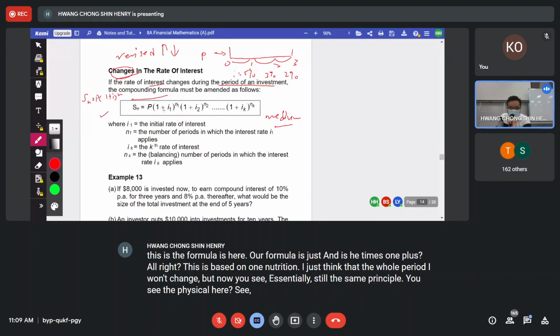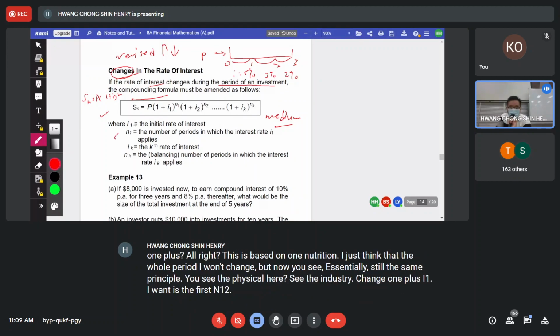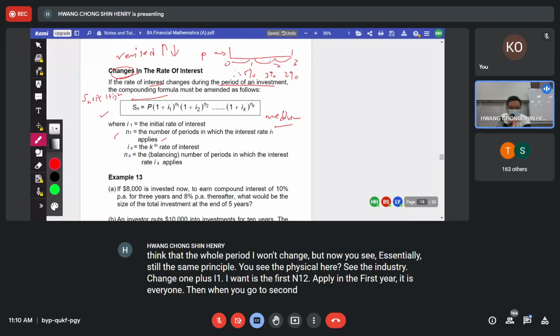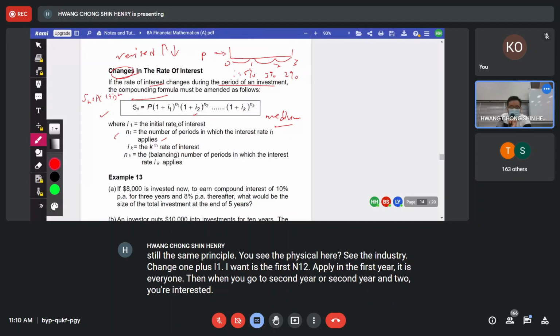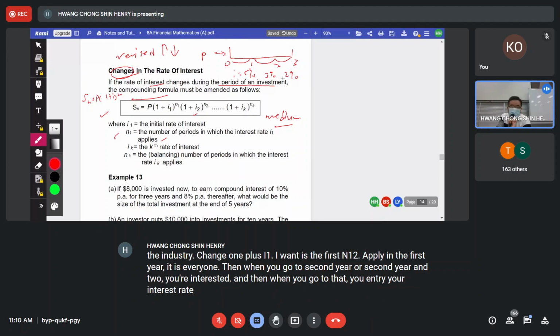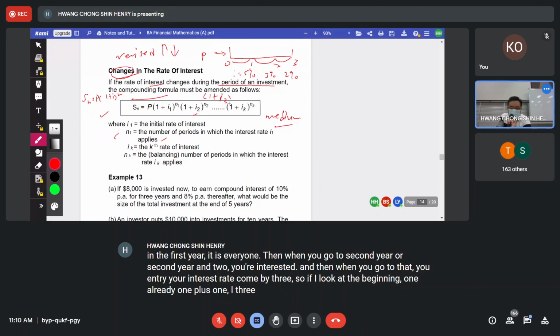See the change: 1 plus i1, where i1 means the first period n1. Apply in the first period, which is i1. Then when you go to the second year or second period, n2, your interest rate becomes i2. And when you go to the third year, n3, your interest rate becomes i3. So if I want to continue, I write 1 plus i3, n3.